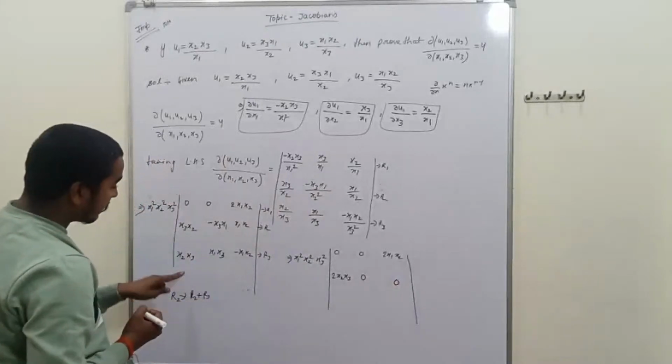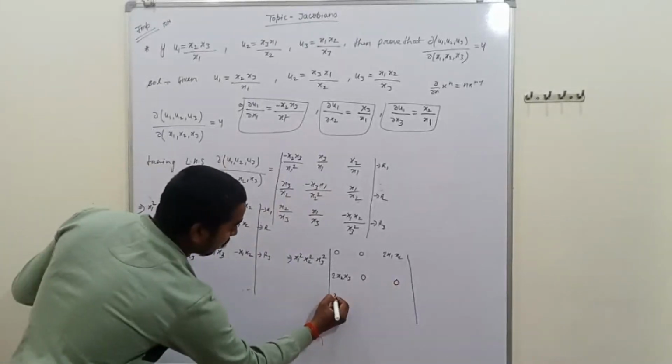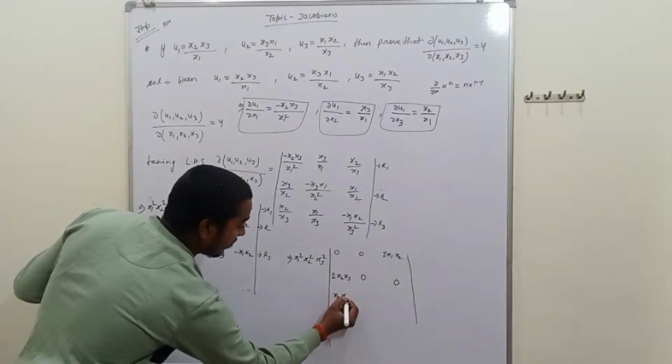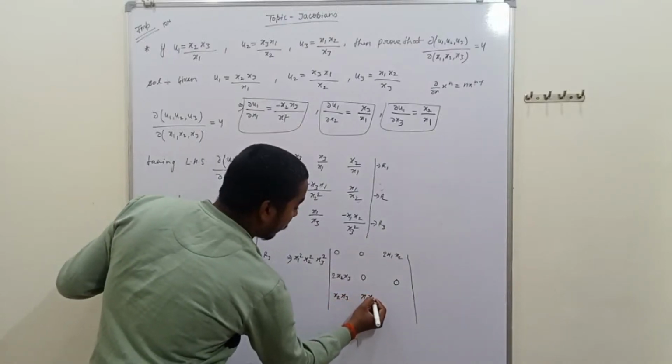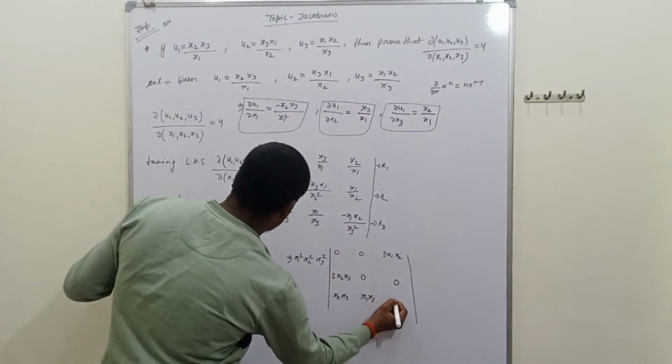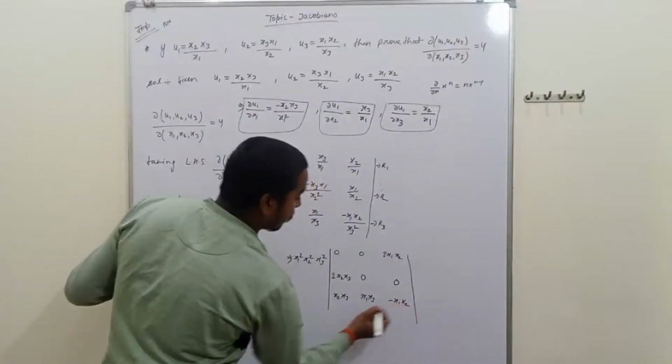Then the remaining is x2 x3 into x1 x3 and minus x1 x2.